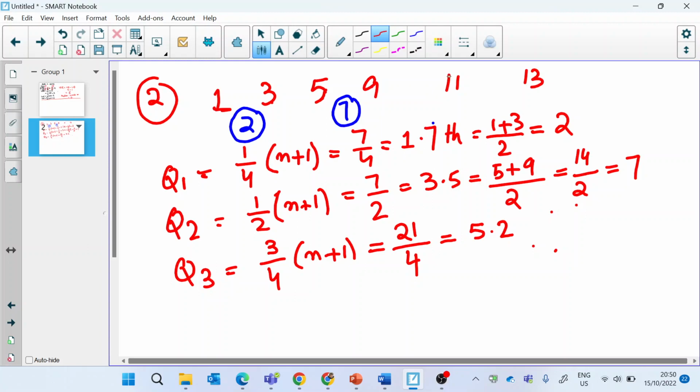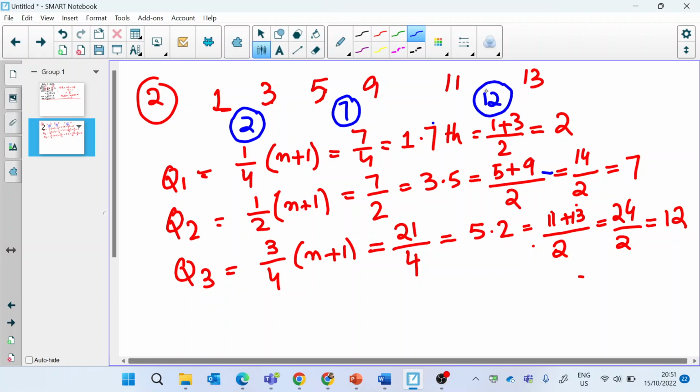So we take the mean of the fifth and sixth value: 11 plus 13 over 2, which is 24 over 2, equal to 12. So 12 is our Q3.